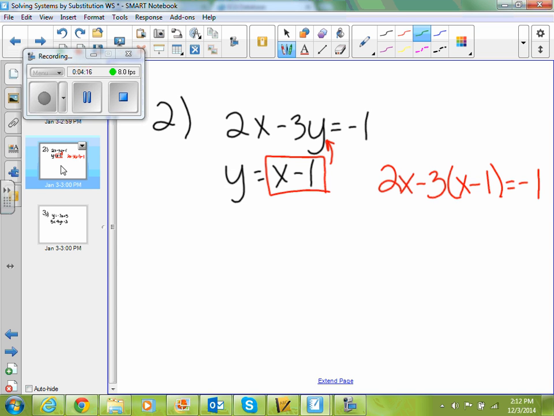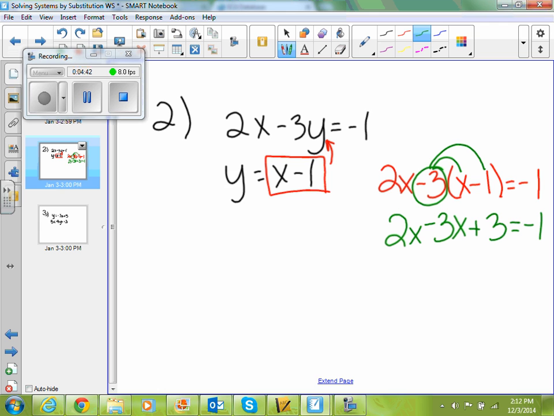The only thing that changed was my y. Now if I distribute this negative 3, negative 3 times x gives me negative 3x. Negative 3 times negative 1 gives me positive 3. So 2x minus 3x plus 3 equals negative 1.